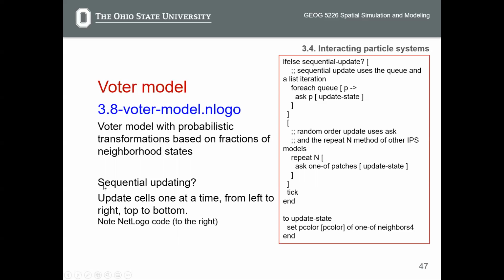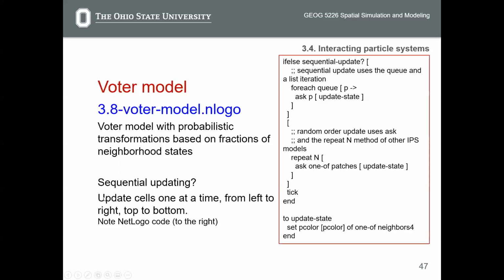And there is a switch in this model when you play with it. It's called sequential updating. No matter whether you switch it off or on, the model will follow the asynchronous updating method.